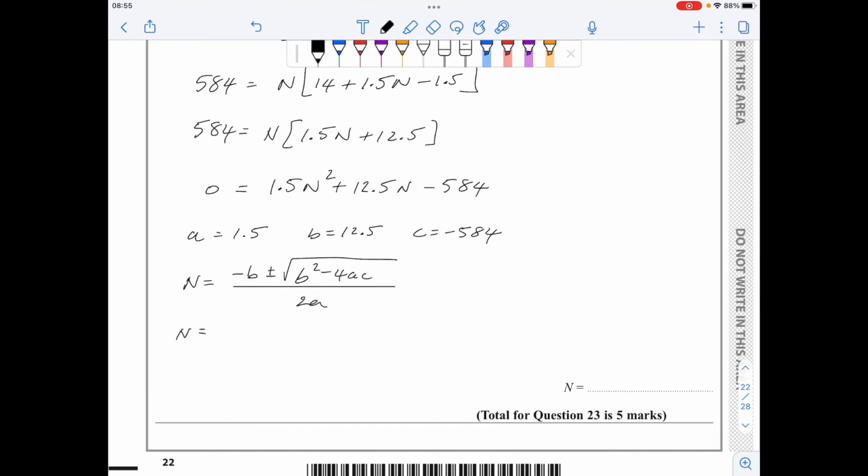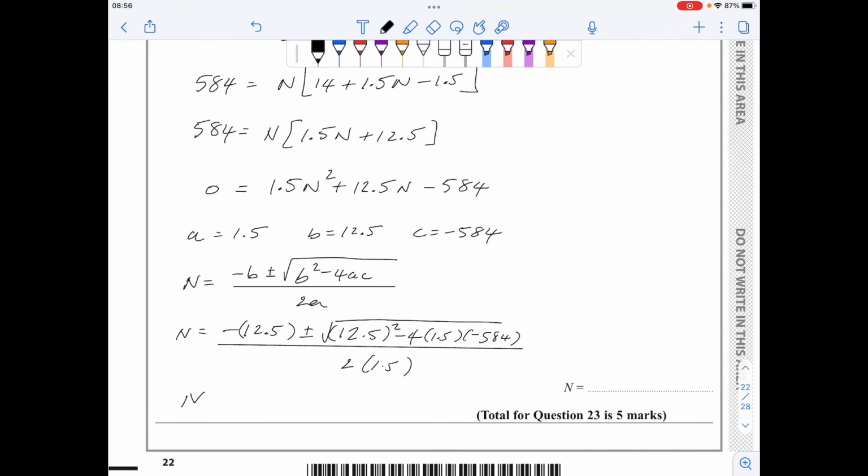Let's substitute: minus 12.5 plus or minus the square root of 12.5 squared minus 4 times 1.5 times minus 584, all over 2 times 1.5. So n comes out to be 16, or n is minus 24.33. n must be a positive integer, so n is equal to 16.